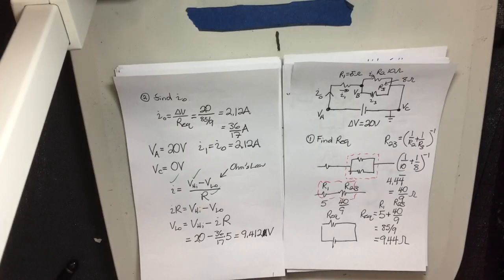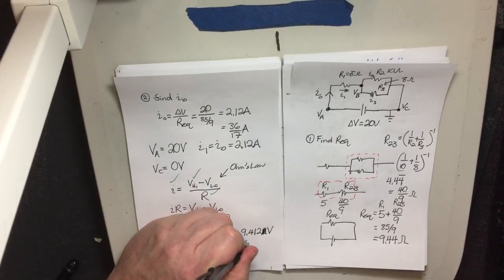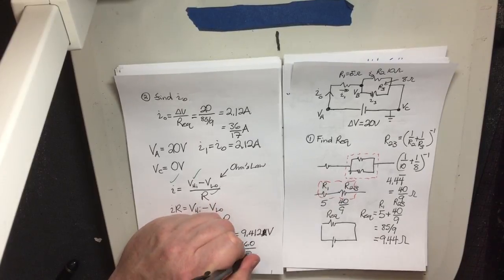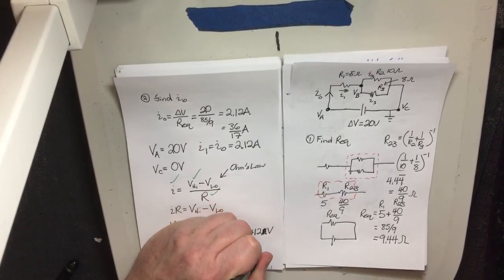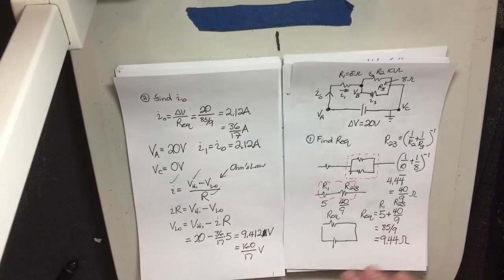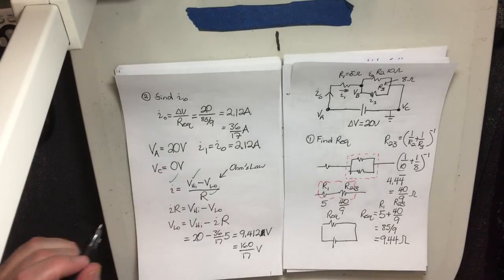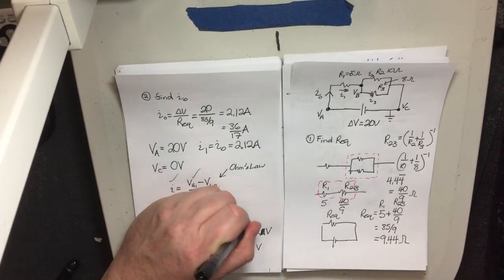And then 160/17 volt, yeah, as a fraction. So we now know what VB is.